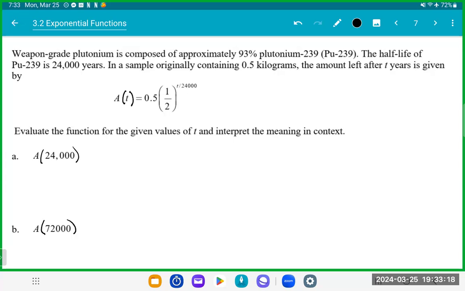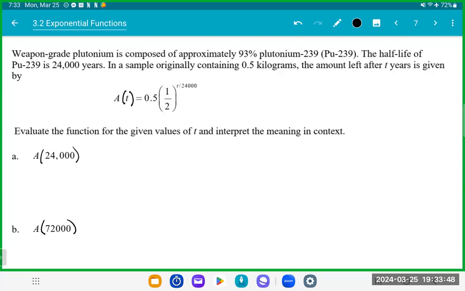So in this case, we're looking at a weapons grade plutonium, which is comprised of 93% plutonium 239. And the half-life is 24,000 years. Okay. So that's telling us that in half of its life, how much is its strength, right?